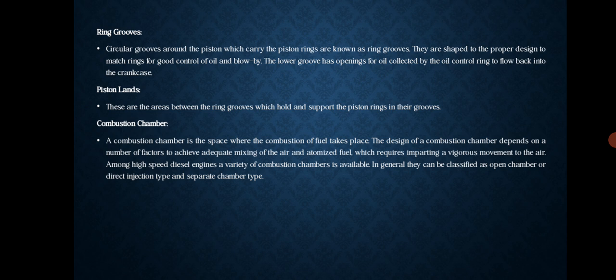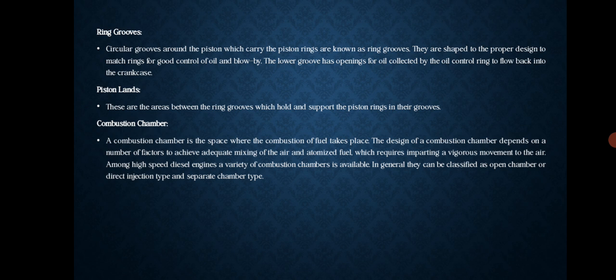Combustion chamber is a space where the combustion of the fuel takes place. The design of the combustion chamber depends on a number of factors to achieve adequate mixing of the air and atomized fuel, which requires imparting a vigorous movement to the air. Among high-speed diesel engines, a variety of combustion chambers are available.